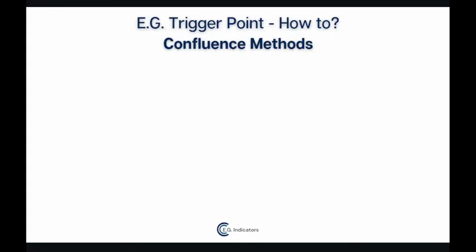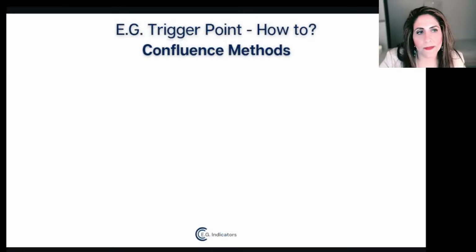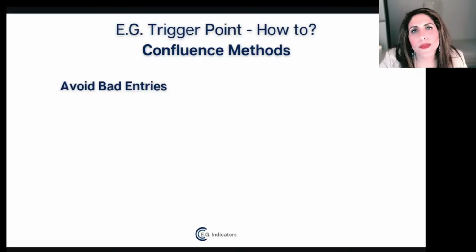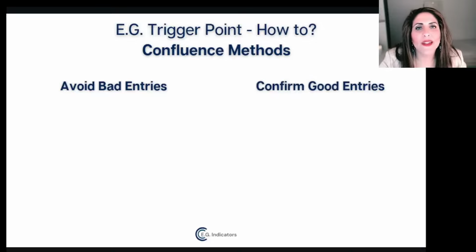And now, guys, we are going to talk about confluence methods. There are two types of confluence. The first is avoiding bad entries, and the second is confirming good entries. One way to avoid bad entries off significant price levels is by reading the market acceleration.